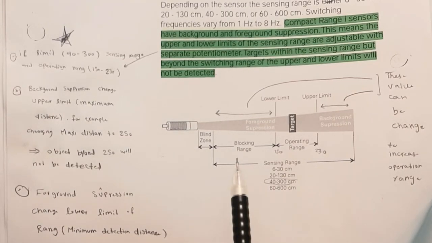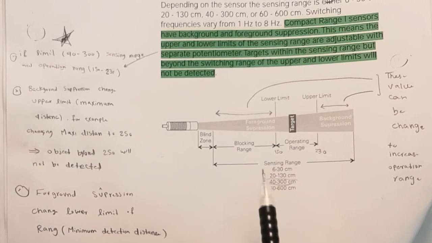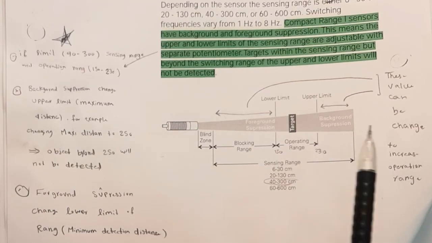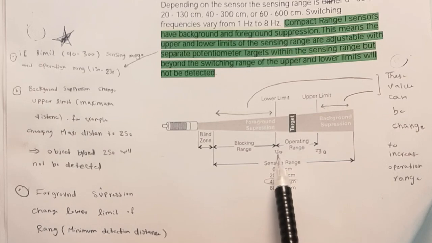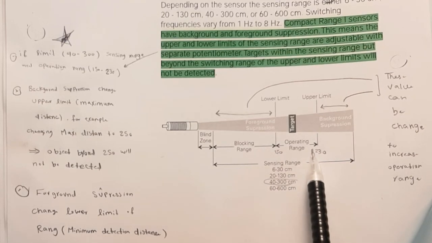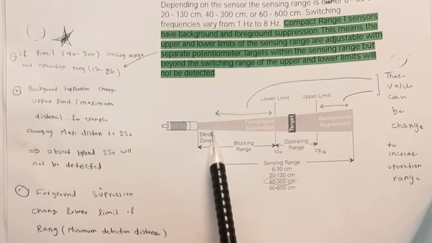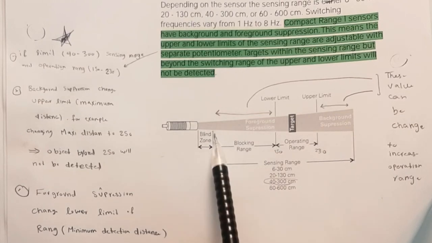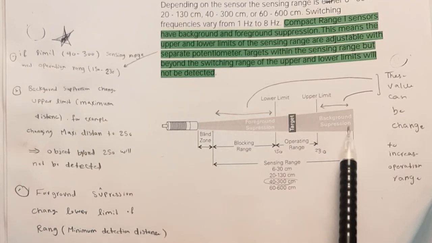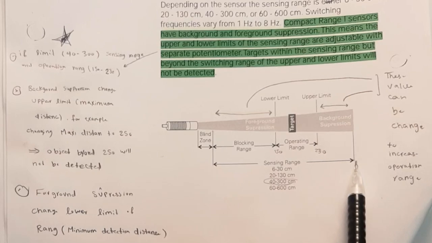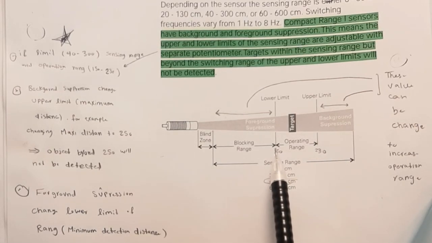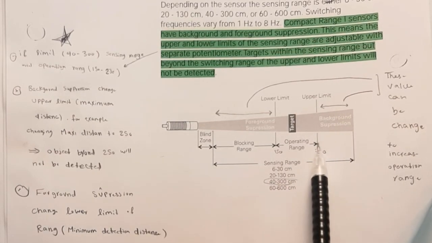For example, the sensor range is from 40 to 300 centimeters, and the operation range, just as an example, is from 150 to 230.